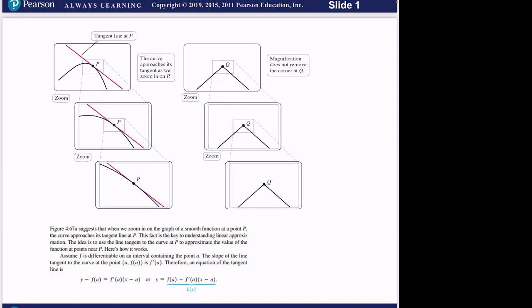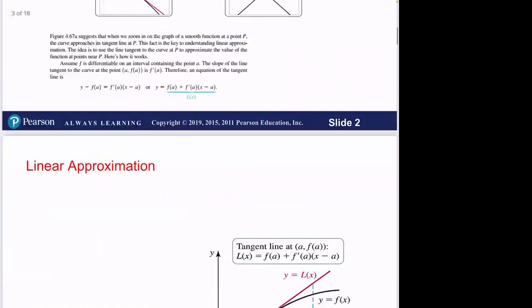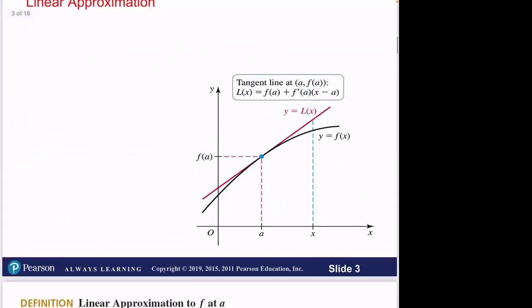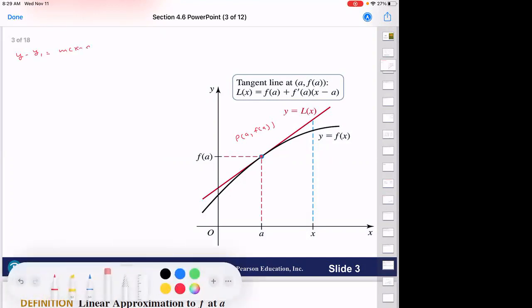Because we are using the tangent line. Let's go back here. Let's call this point P, (A, f(A)). What is the equation of the tangent line passing through that point? y minus y1 equals m times x minus x1, isn't it?